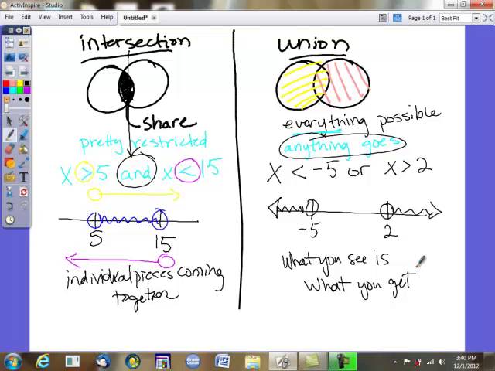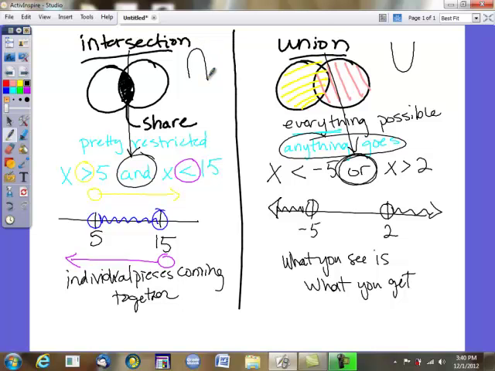The other thing I'll point out is that I don't think I did it yet. This is an or. A union is an or. Intersection and, union or. You may also see another symbol. For the union, it's pretty easy. It's a U. For an intersection, it's an upside down U.